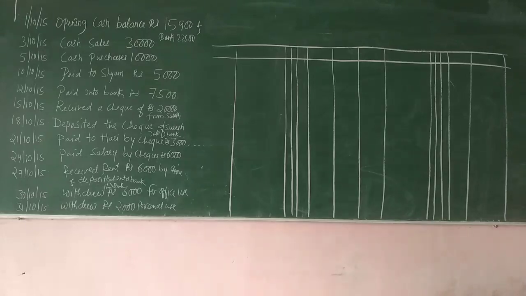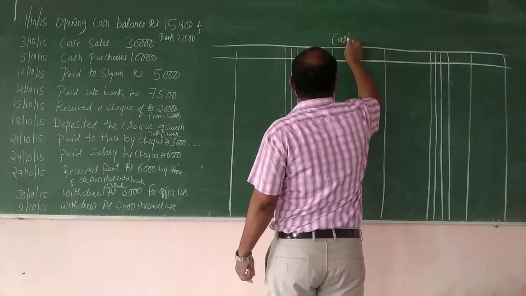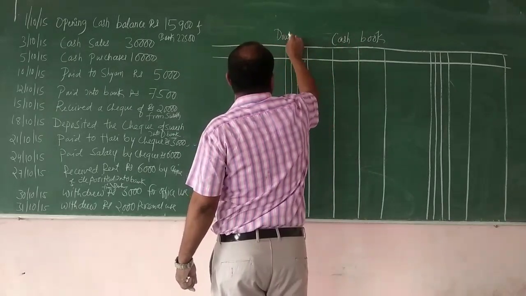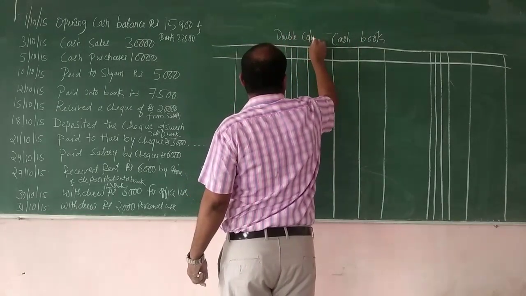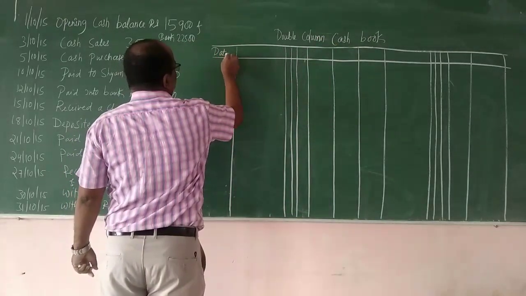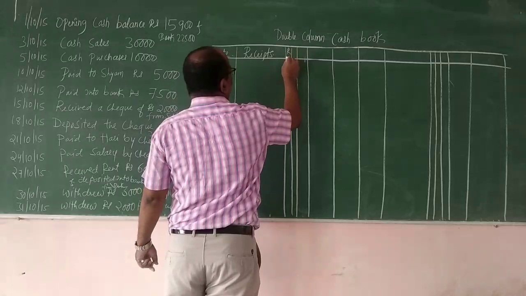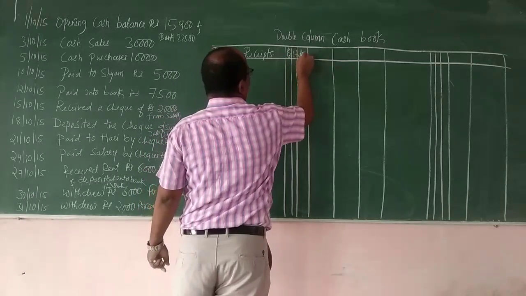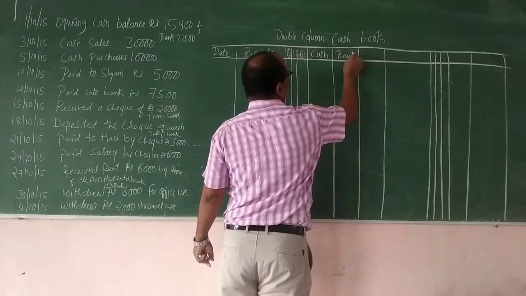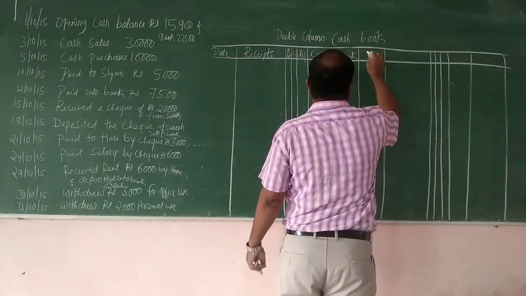Now, let us solve this problem. One column I am showing extra, the discount column. Any problem that includes this, next time onwards you will see.